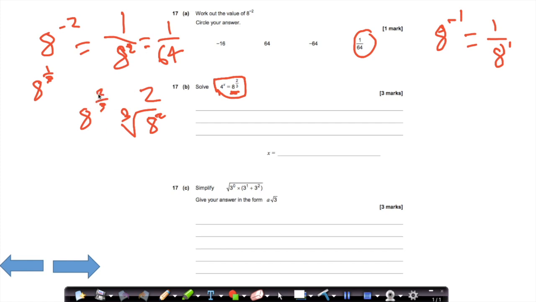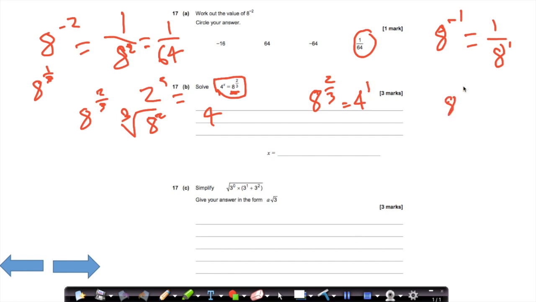So for 8 to the power of 2/3, we find the cube root because the denominator is 3, and then we square it once we've found that, because the numerator is 2. So we do 2 squared, which is 4. Therefore 8 to the power of 2/3 is the same as saying 4. And 4, remember, is the same as 4 to the power of 1.